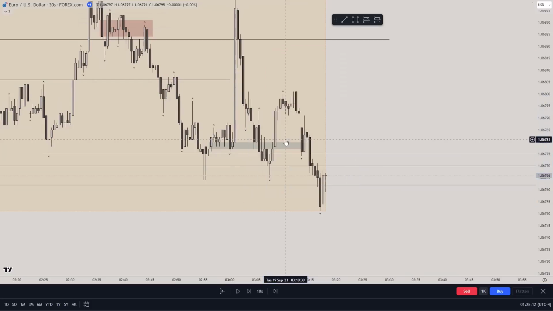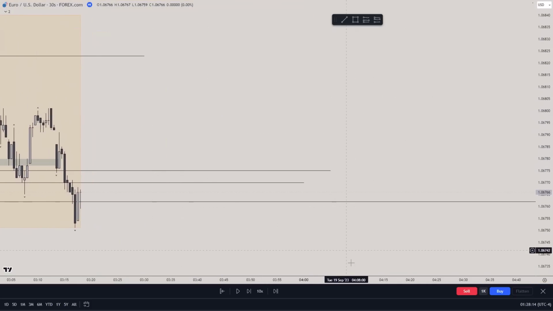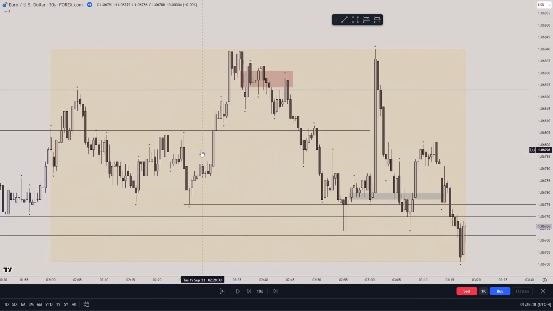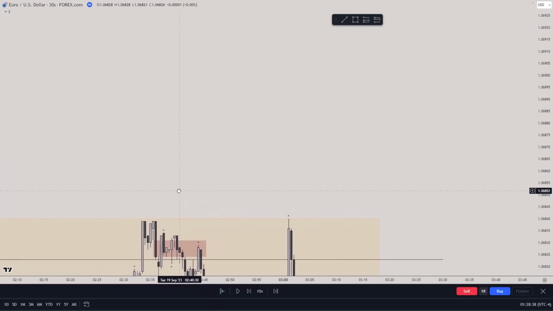You see how a lot of times when price takes a liquidity level, for example, I would say this liquidity level, takes it, doesn't respect it, we don't have a bearish fair value gap. That's why we always say in the top-down analysis video, when we are looking for a bearish trade, for example, what I want to see first is for the higher time frame to take a liquidity level.